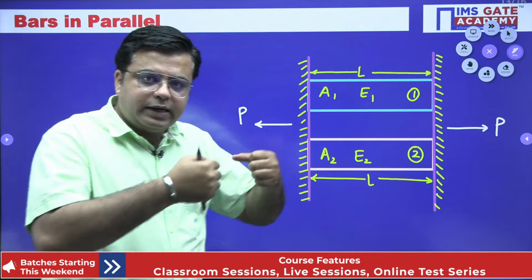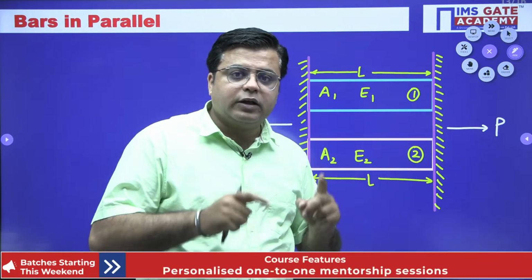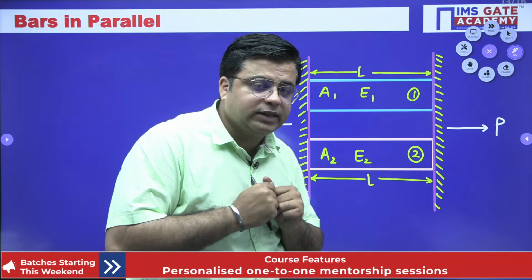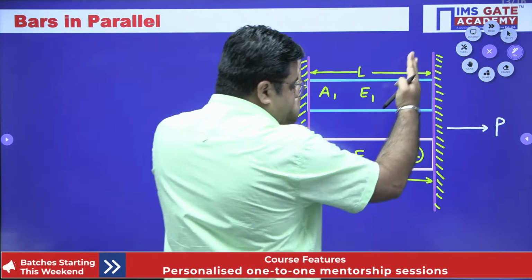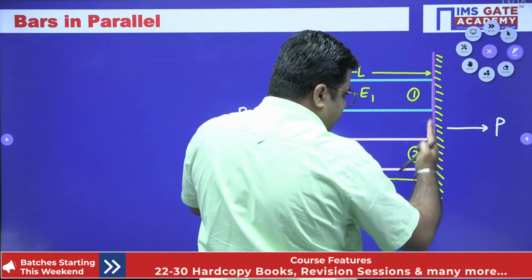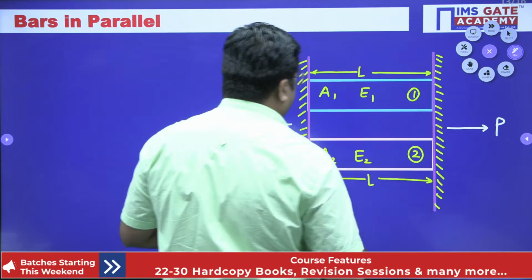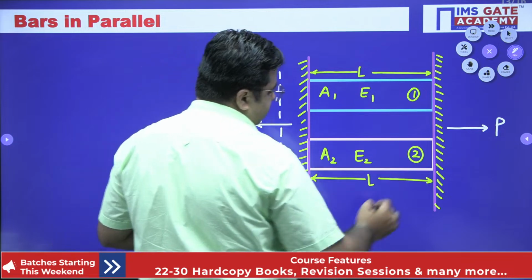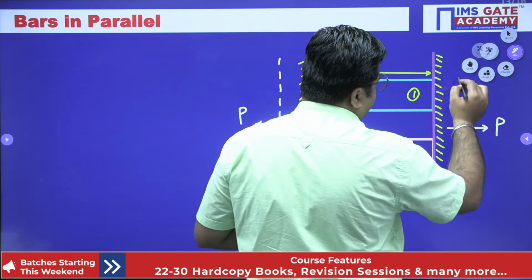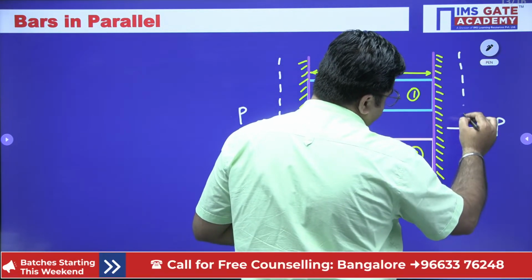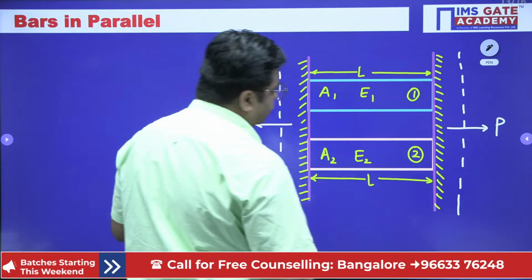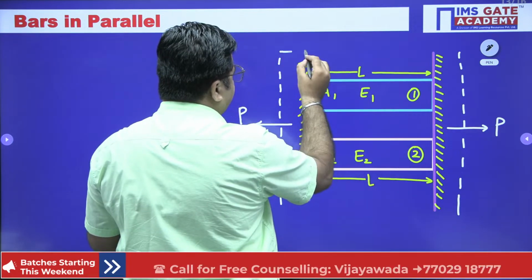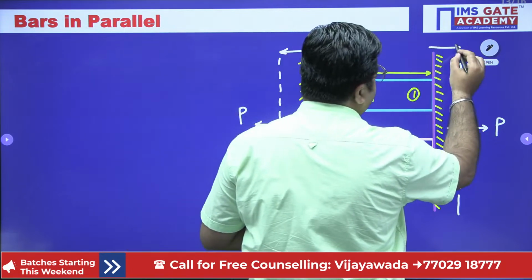When you pull it by some amount P, the first thing you will notice is that these two clamps, these two side walls, will deform by the same amount. This is the new position of the clamps. These two clamps deform by the same amount.